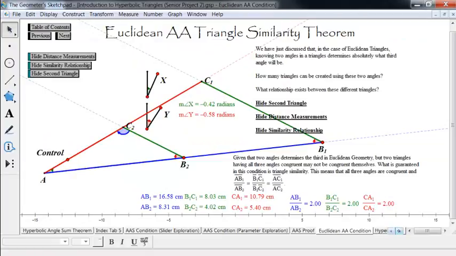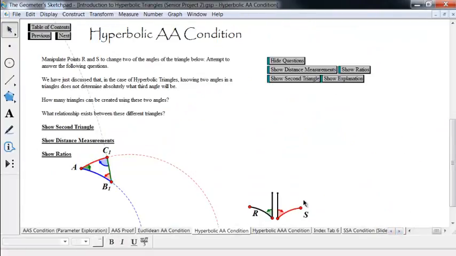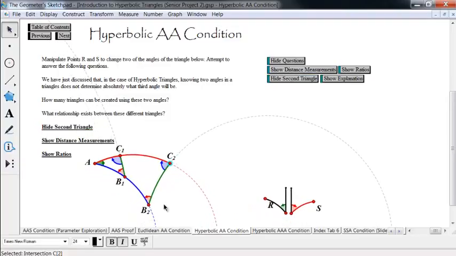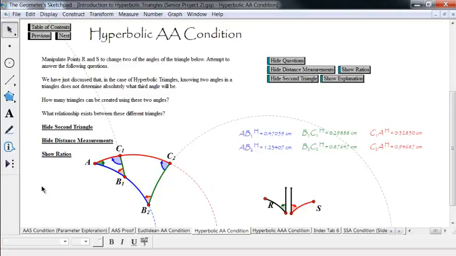Now let's look at what happens in hyperbolic geometry. The first thing to notice is if we just do two angles, here's another one with the same two angles. Let's show the distance measurements and then show the ratios just like we did on the other one.